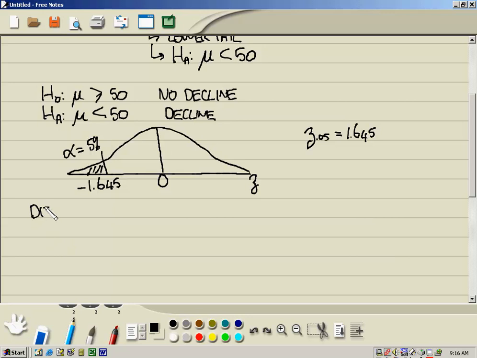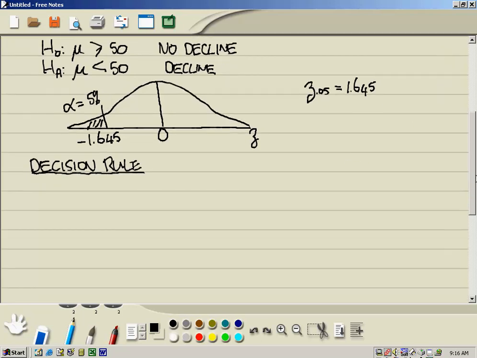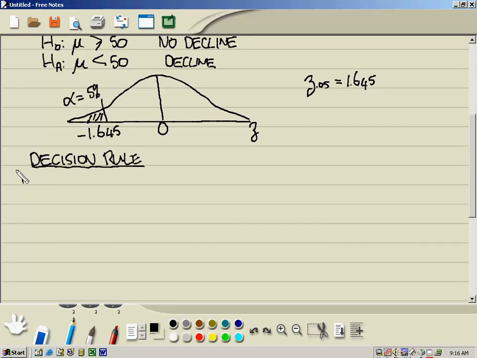Okay, so let's now write that out. Decision rule. If z-calc is greater than or equal to the negative 1.645, null is possible, so do not reject the null.